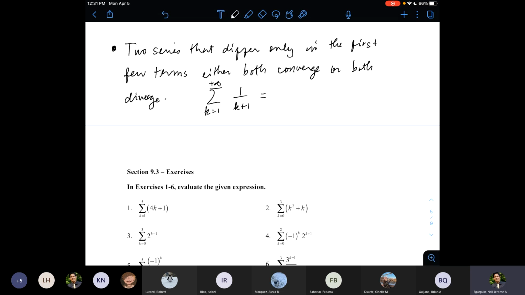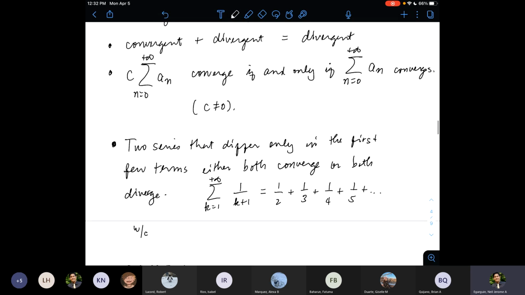Okay. Now, if we expand this out, it would be 1/2 plus 1/3, plus 1/4, plus 1/5, and so on, right? Which looks like the harmonic series, right?